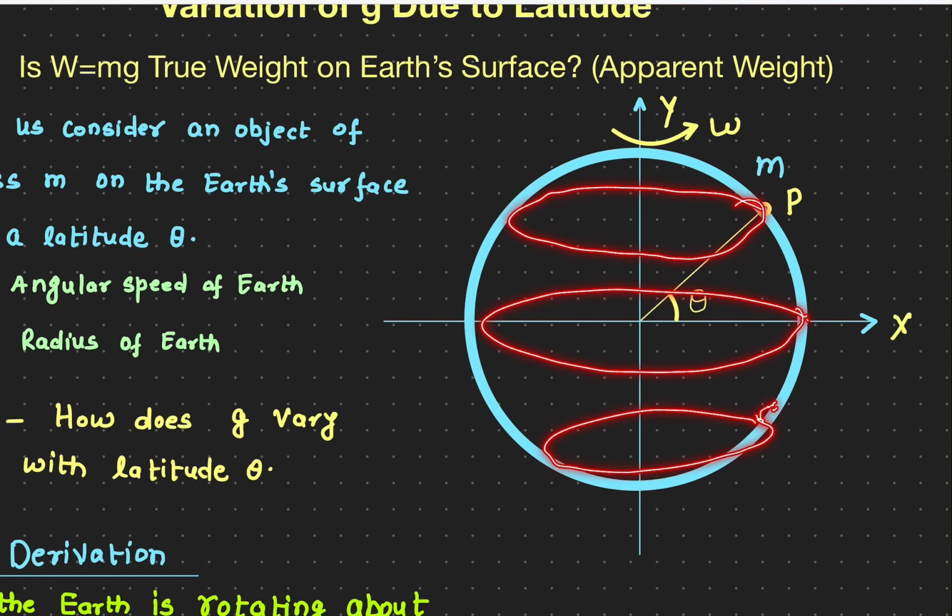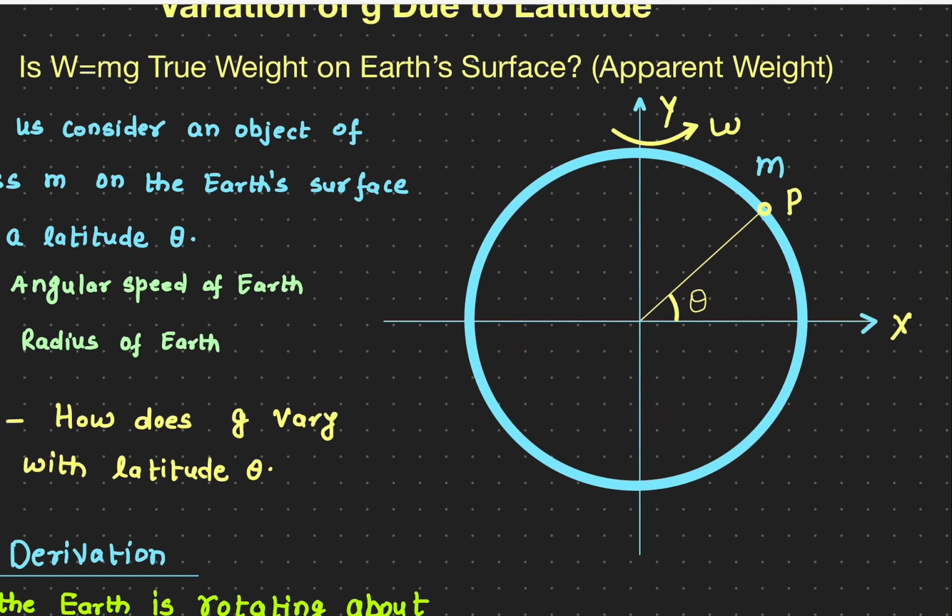So you can clearly see that the centrifugal force will be highest at the equator and very low, almost zero, at the pole. So there is a continuous change of centrifugal force, in fact decreasing from the equator to the pole. As the centrifugal force changes, the effective gravity, or the apparent weight, or the apparent acceleration due to gravity, would change.